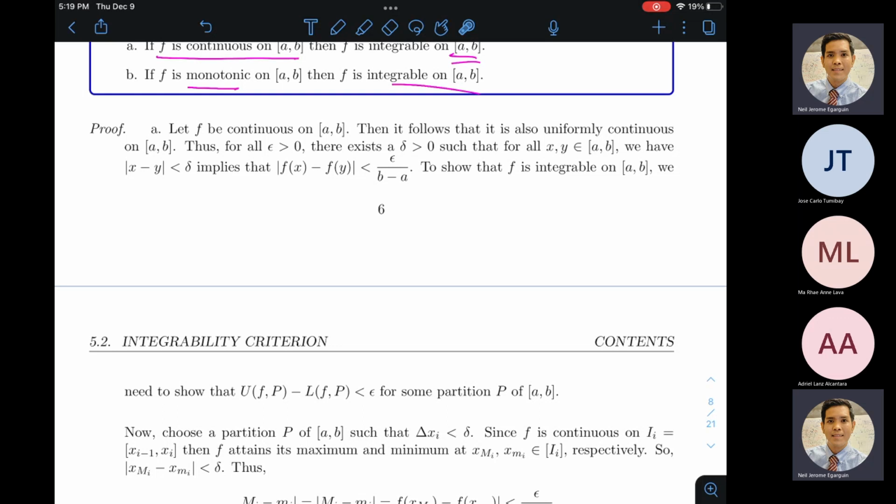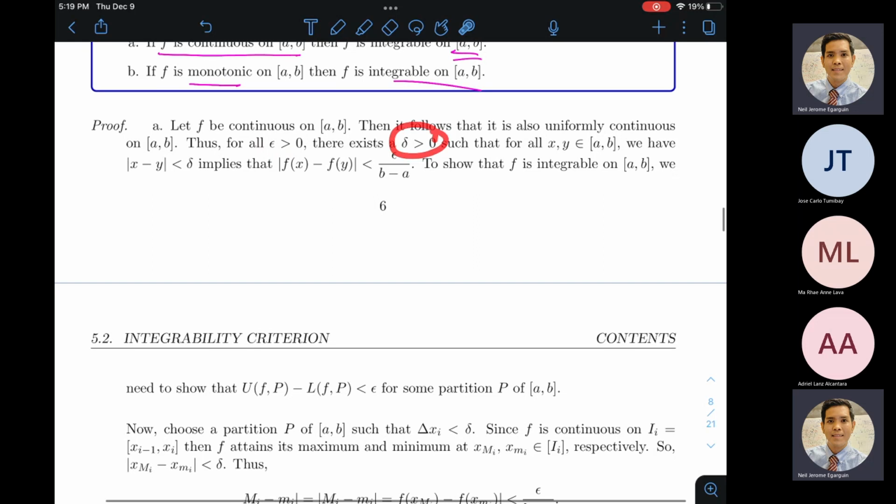And dahil siya uniformly continuous, sa kahit na nung epsilon na ibigay sa atin, lagi tayong may mahanap na delta greater than 0 such that sa kahit anong dalawang elements x and y of the closed interval AB, such that they are within delta units from each other, all right?